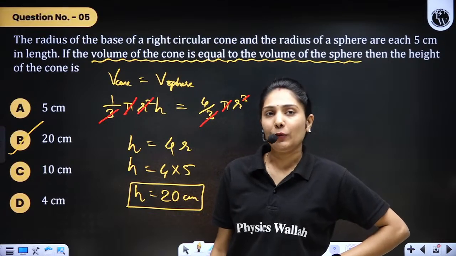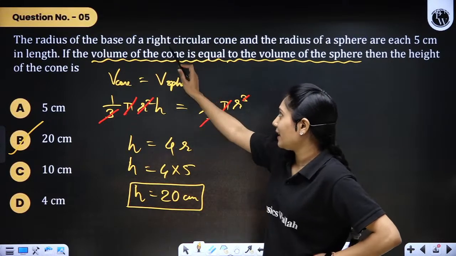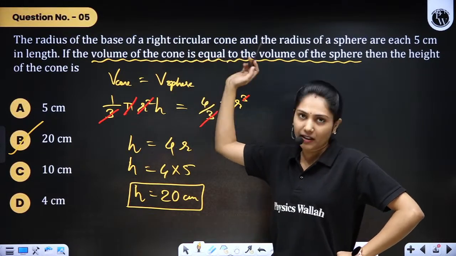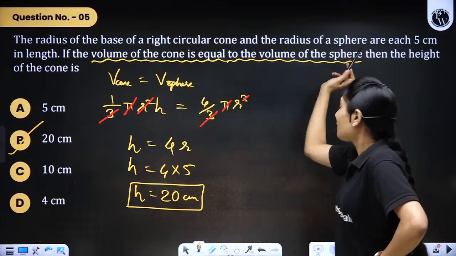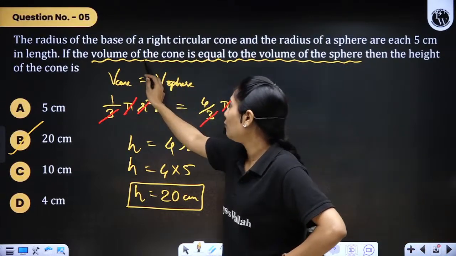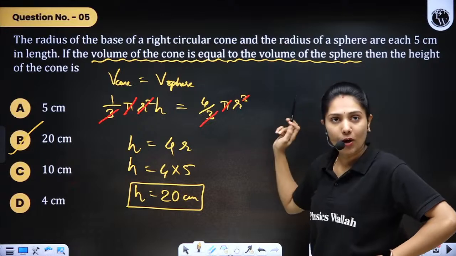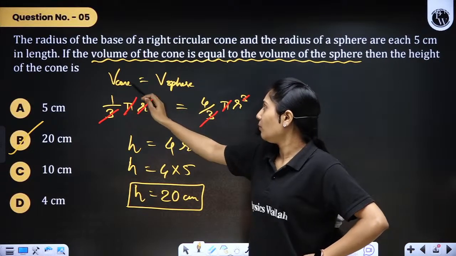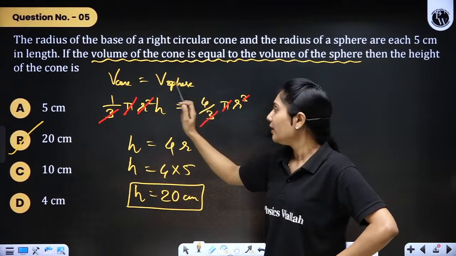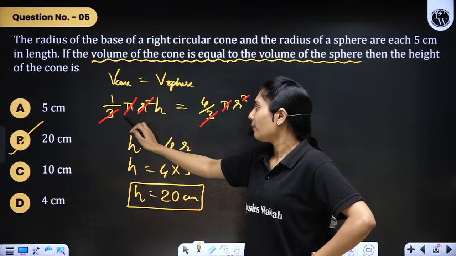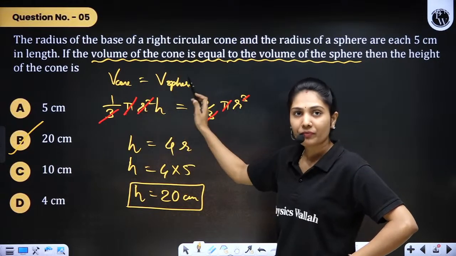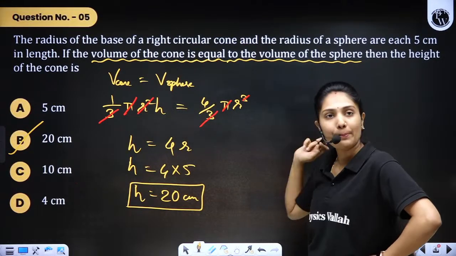Chandan, what we are doing here, beta, it says that radius of cone and radius of sphere is same, which is 5 centimeter, and volume of cone is equal to volume of sphere. Volume of cone's formula is 1 by 3 pi r square h. Volume of sphere is 4 by 3 pi r cube.